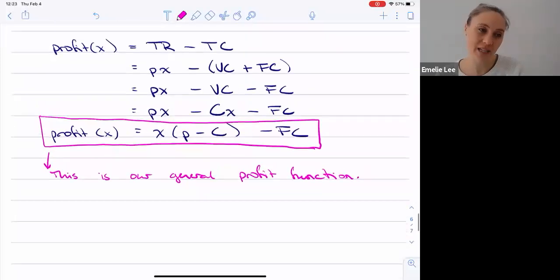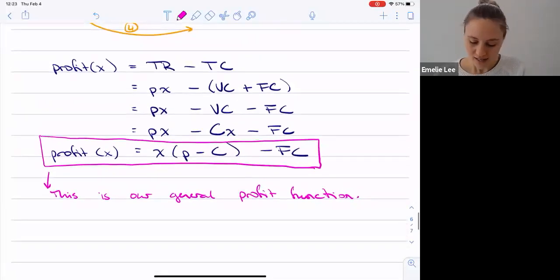So what you can do, right, is you could start here if you wanted to. If you're building a profit function, you can just start here, but I want you to be able to build up this general profit function using the formula sheet, okay?